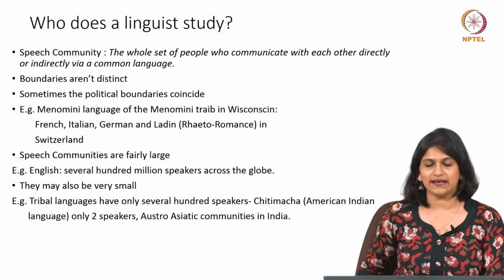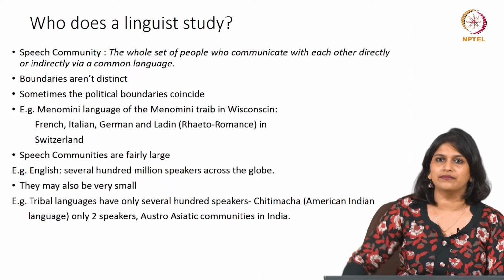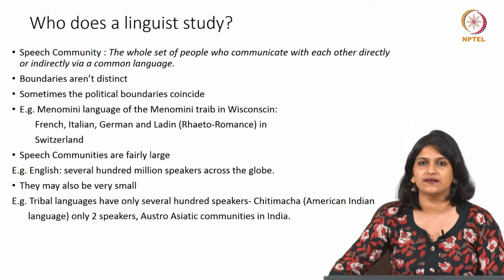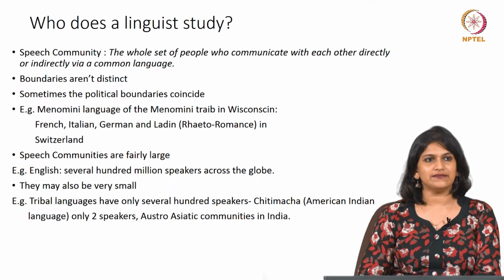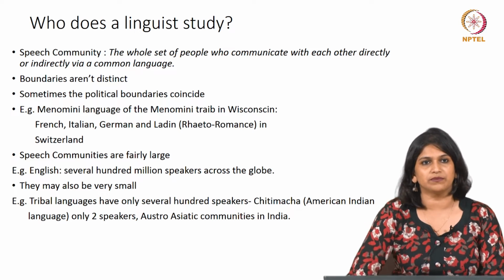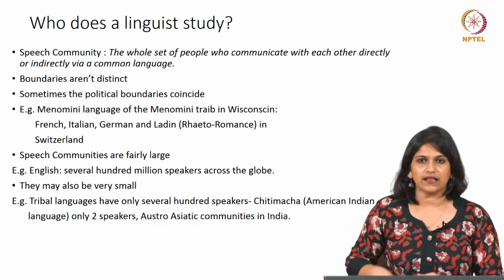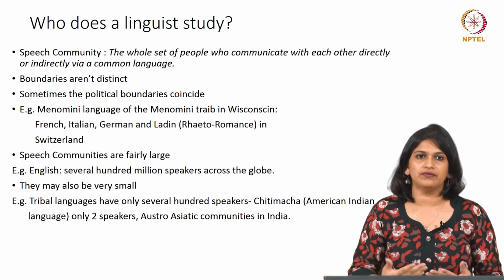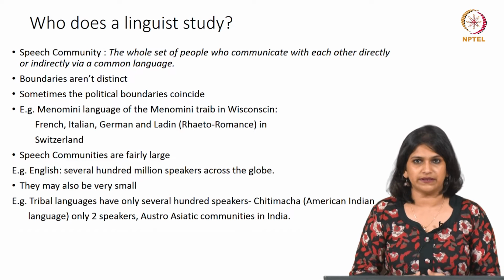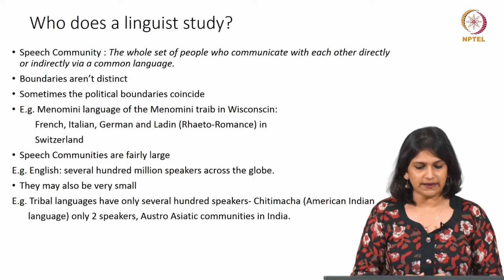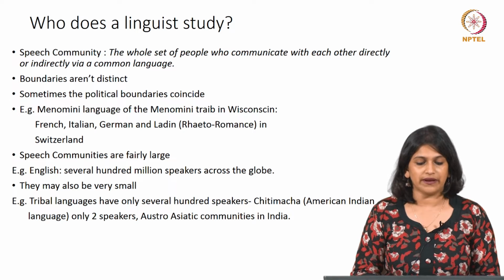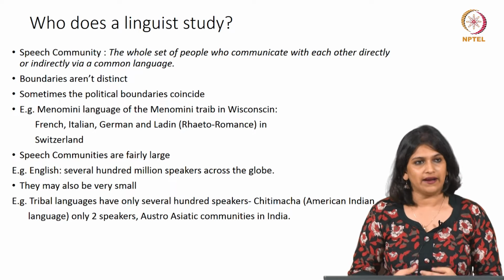Empirical data is primarily collected through the native speaker's intuition. When I say native speaker's intuition, I'm introducing a term called speech community. Let's say there is a speech community of Hindi, from an Indian perspective, or a Tamil speech community, or a Telugu speech community. That means a particular community, a whole set of people who communicate with each other directly or indirectly via a common language.